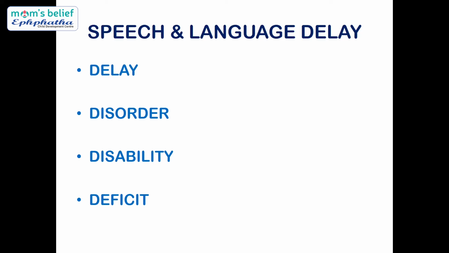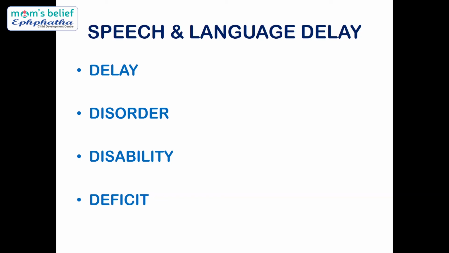And we have a disorder. Now, what is this? This is a big area to be explained, the disorder, disability and disease. But I can make it very clear that a disorder is not a disease. A disorder is something which has to function in a particular manner, and it is not functioning in that manner.